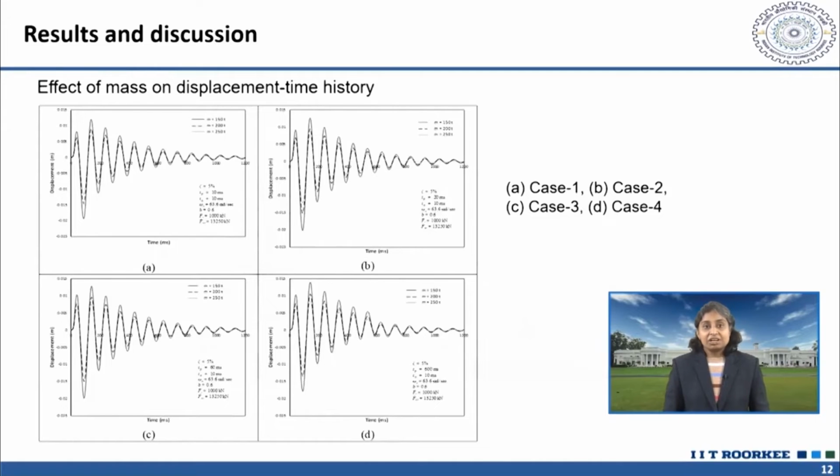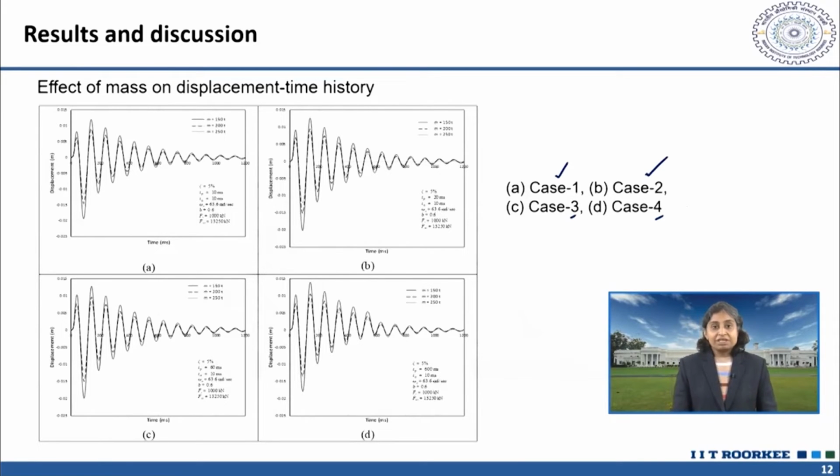One such case is presented here, where we are studying the effect of mass of the soil foundation system on the displacement time history. You can see here there are 4 graphs, representing the respective cases 1, 2, 3 and 4. I have already explained what all these cases correspond to.